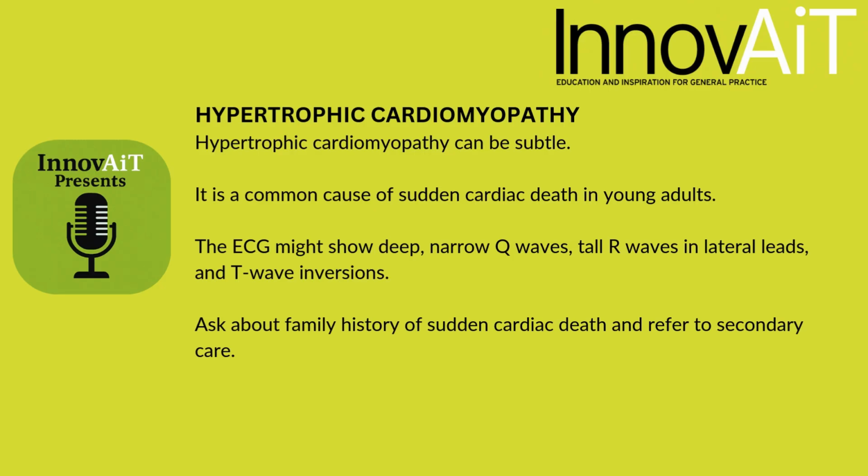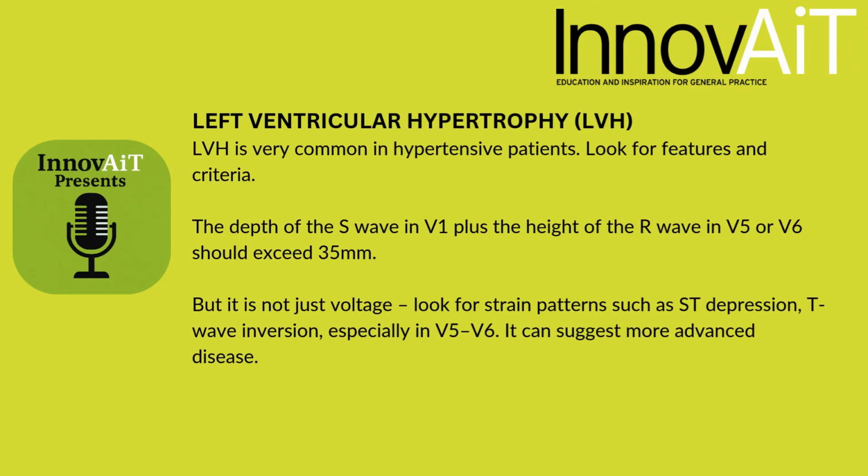And finally, left ventricular hypertrophy. It's very common in hypertensive patients. Look for features, criteria to diagnose. There are many. For example, the depth of S wave in V1 plus the height of R wave in V5 or V6 should exceed 35 millimeters.